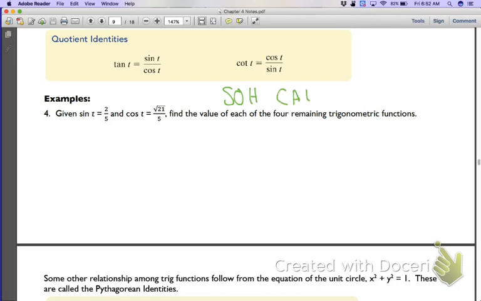If sine of t is opposite over hypotenuse, then the opposite side is 2 and the hypotenuse is 5.